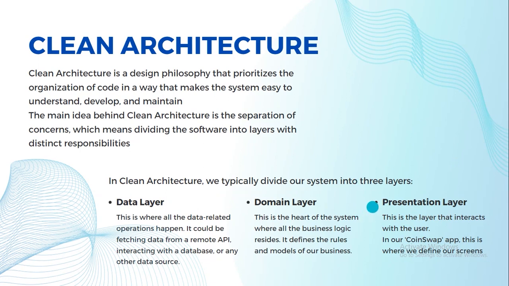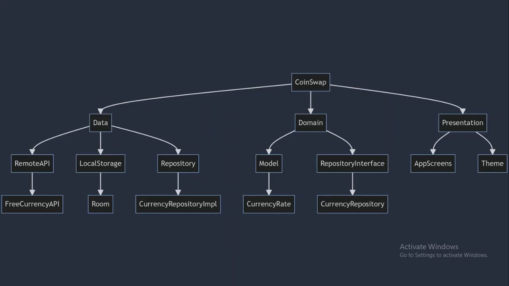So in our CoinSwap app, this is the layer we will keep our screens in, and this is how we will structure our whole app. First we will make these 3 packages: data, domain, presentation. In this data package we will create these 3 packages: remote, local and this repository.